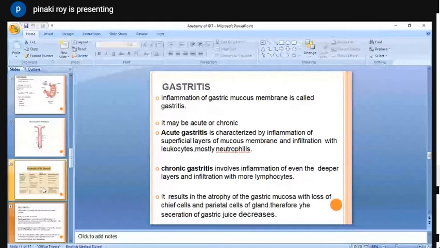Whether it is acute gastritis or chronic gastritis, if acute gastritis is not controlled, it sometimes leads to chronic gastritis, and if chronic gastritis is not controlled, then ultimately it leads to atrophy of the gastric mucosa. There will be loss of chief cells as well as parietal cells. And in the atrophic area, there will be intestinal metaplasia.